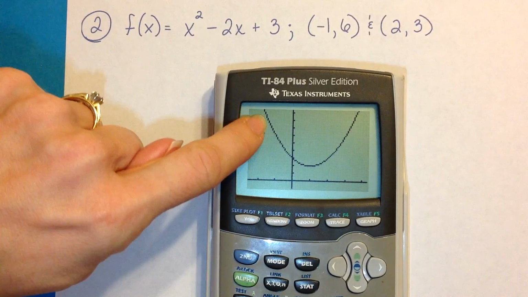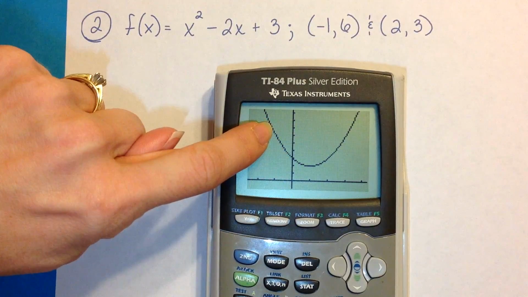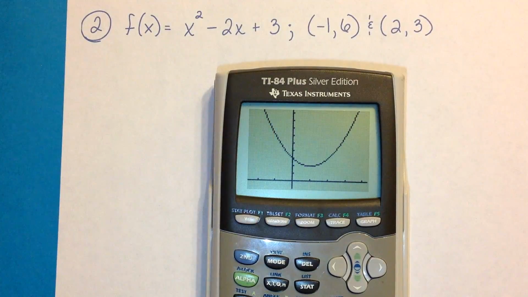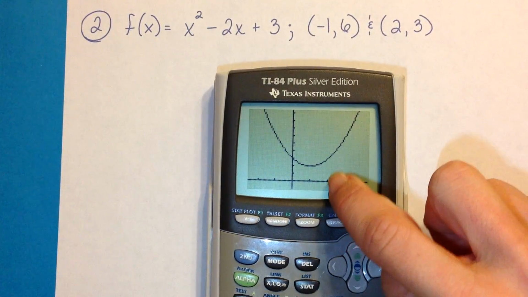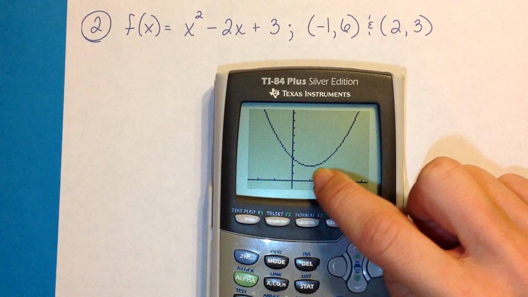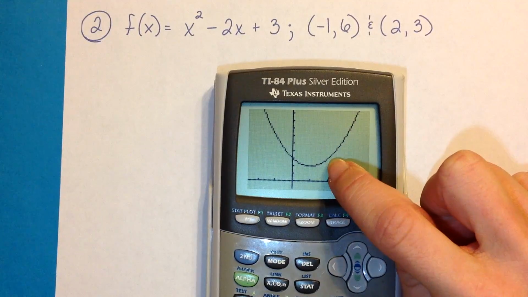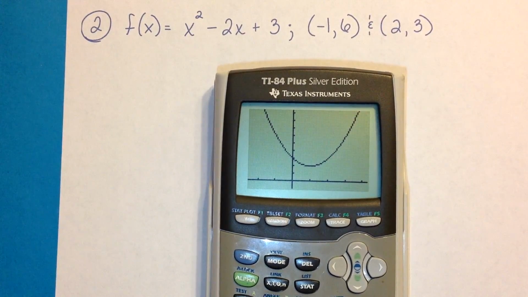And you're talking about the slope of that tangent line, that would come down through here, that would have to have a negative slope. The other point is 2, 3, so that point somewhere along in here, so therefore that tangent line would fall somewhere within this area, and that would be a positive slope.